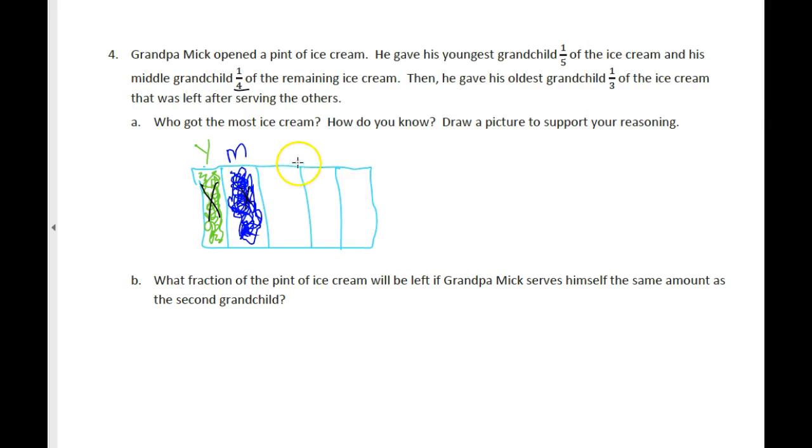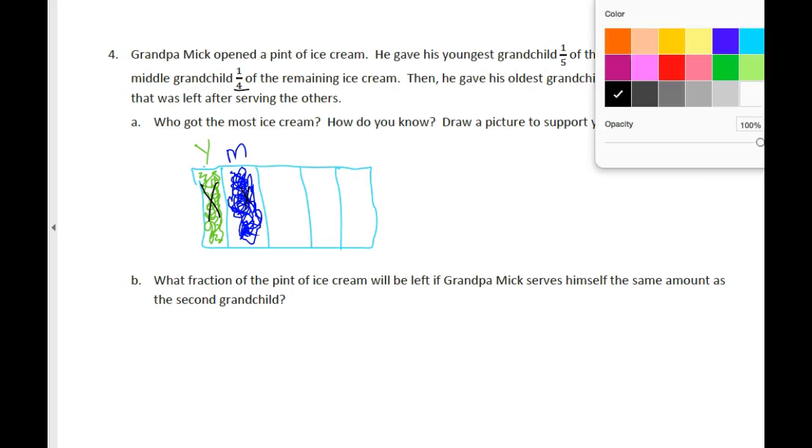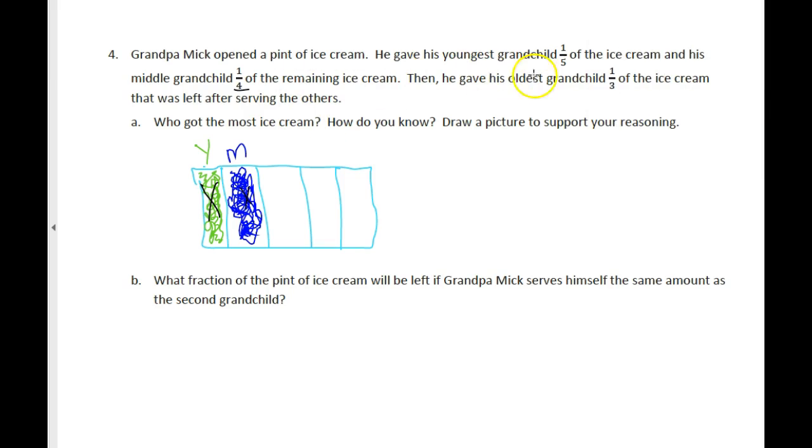When you look at how much ice cream is left, it's obviously thirds. So let's look and see what the next kid gets. According to this, the oldest grandchild, here's the oldest, they get 1/3. Well, let's give them 1/3. Right there.